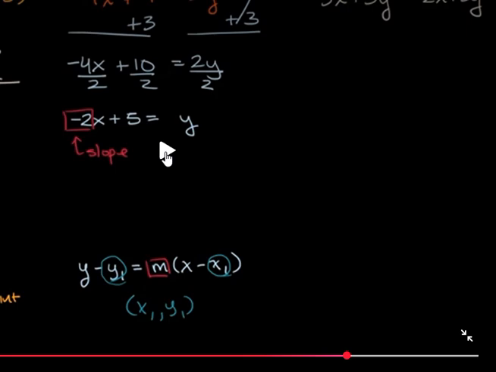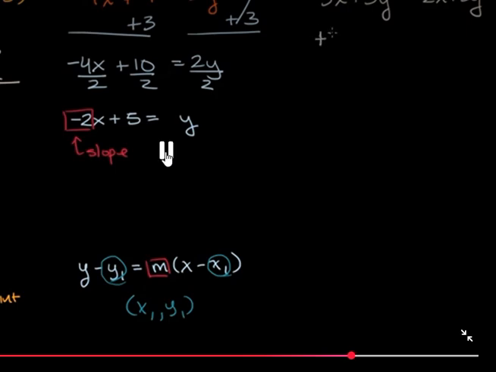We want the x on the right side. So if we add 3x to both sides, then the negative 3x crosses out. We have 5y equals 5x plus 3y. Then we subtract 3y. We have 2y equals 5x.